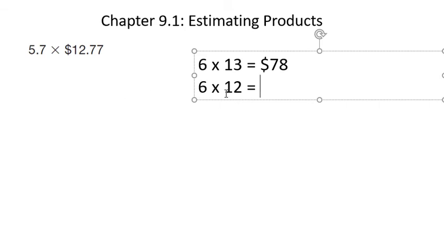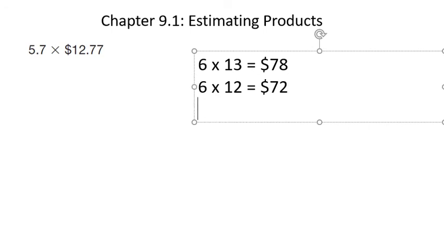Or I could look: if I have 13 sixes here, but this is just 12 sixes, I have one less 6. So this would be one less 6 than 78, so that would be 72. We could also do 6 times 10 is 60, plus 12, that's 72. So now I've gotten a somewhat closer product, which is probably going to be a little bit closer. We'll calculate it exactly at the end.